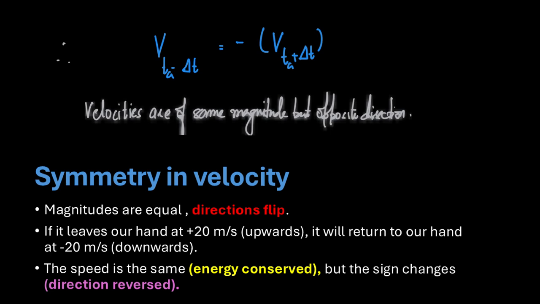If it leaves our hand at 20 meters per second upwards, it will return to our hand at the same speed, the same magnitude, 20 meters per second, but the direction flipped. Positive 20, it comes to our hand at negative 20. The speed is the same, and therefore energy is conserved, but the sign changes, which means the direction of motion is reversed.